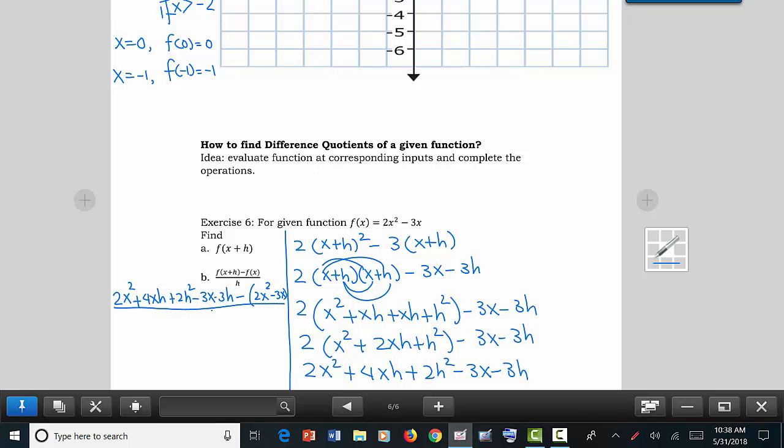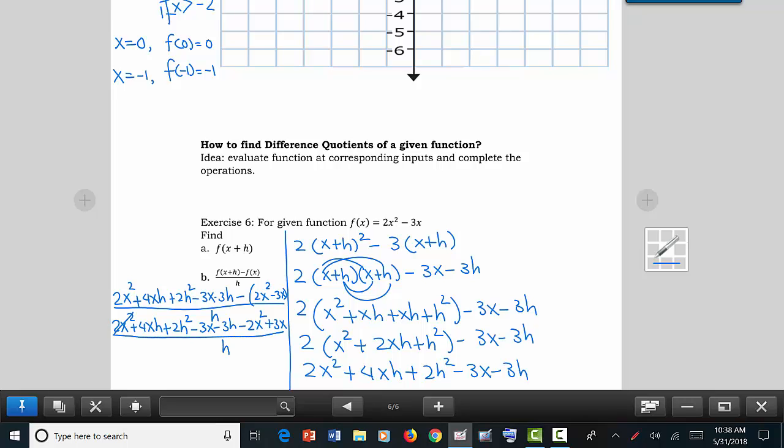So we put everything there. This we have to simplify. Let's distribute the negative sign. That gives negative 2x squared but positive 3x, divided by h.